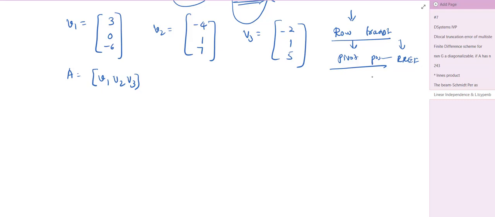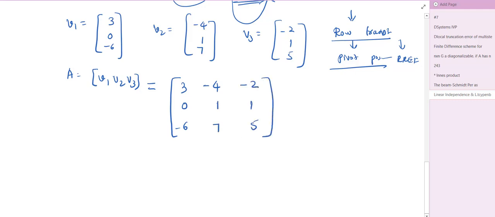So for the same example, you can solve it in different ways. Now I'm using the row transformation. I'm writing it in matrix format. Here this is our leading row, and these are the two rows which have to be made 0. So convert it into RREF form.